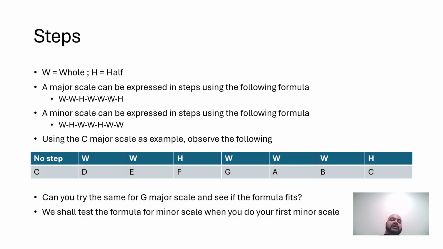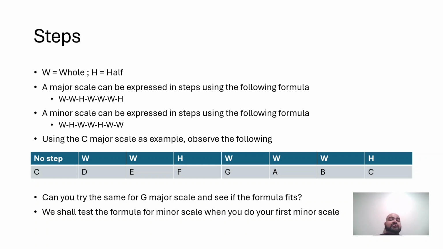Then you have a whole step again, which is E. Then you have a half step because the immediate note after E is F. Then you have a whole step to G, a whole step to A, another whole step to B, and then a half step to C. The half step at the end really doesn't matter because it's just coming back to the first note again. It's just completion, it's a resolution, it just feels nice.